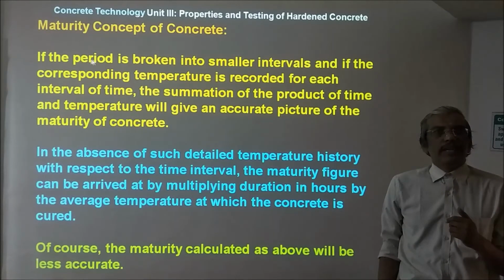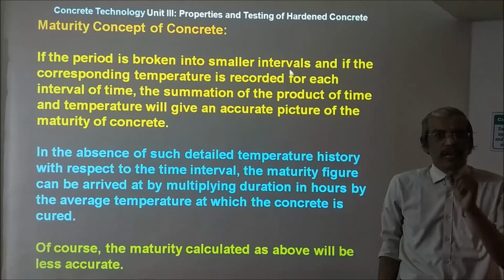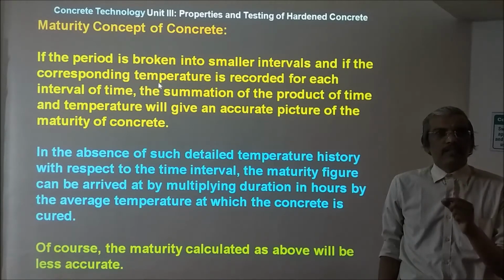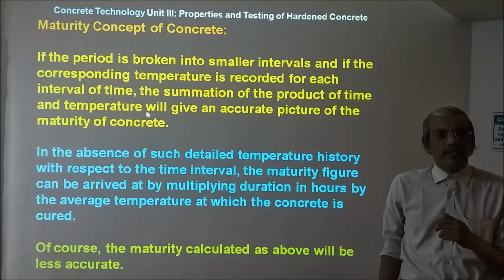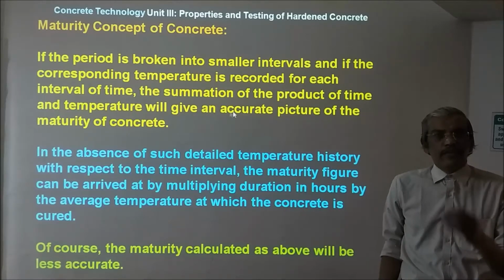If the period is broken into smaller intervals and if the corresponding temperature is recorded for each interval of time, the summation of the product of time and the temperature will give an accurate picture of the maturity of concrete.